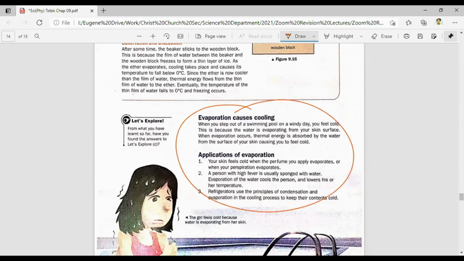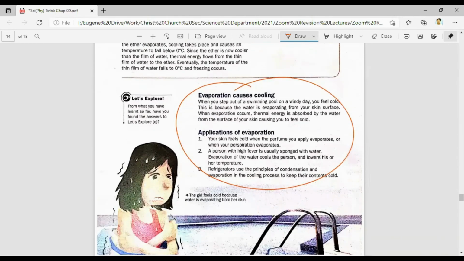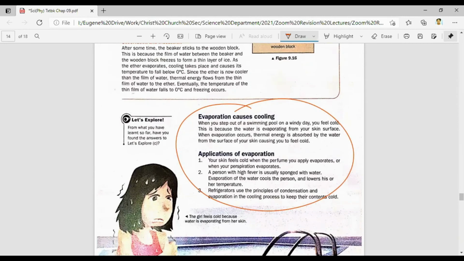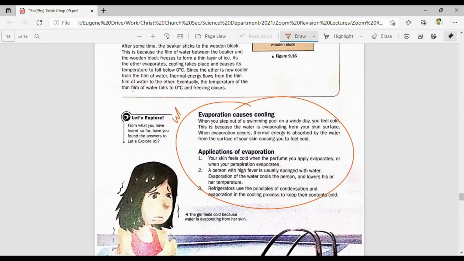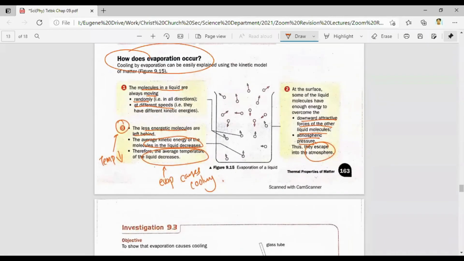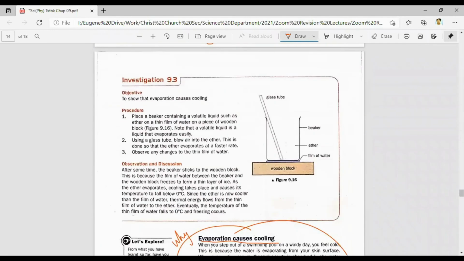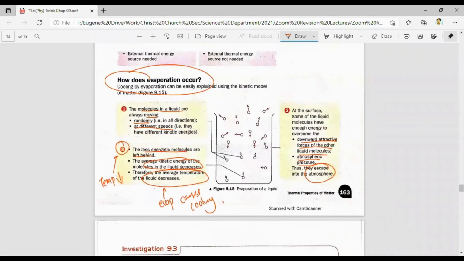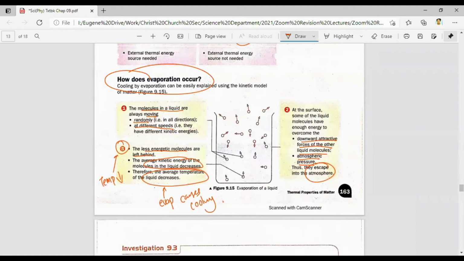So with that, ta-da! We have come to here. For this part here, this is an application that tells you more about this. But sometimes in the exam, they'll ask you why evaporation causes cooling, which means they are trying to ask you to explain how it occurs. So why evaporation causes cooling, you need to talk about how evaporation occurs.